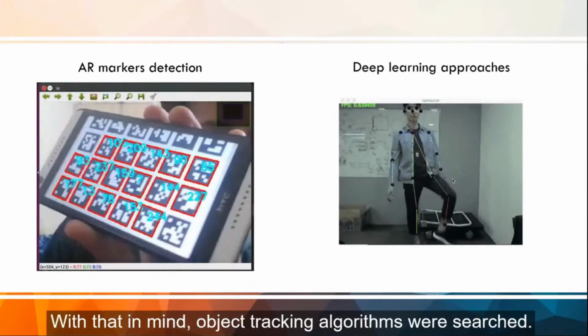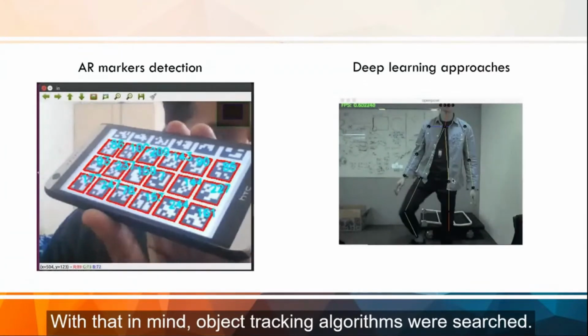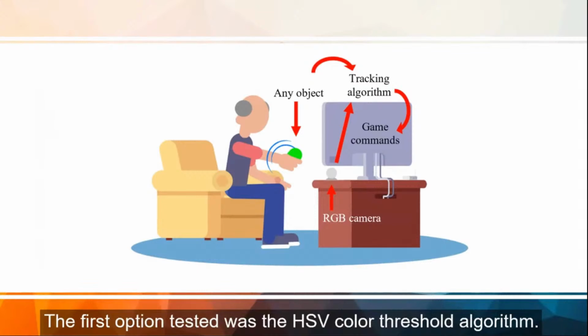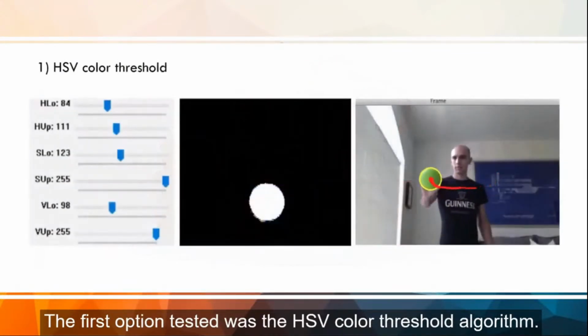With that in mind, object tracking algorithms were searched. The objective is that any holdable or wearable object in the user's home makes them capable of interacting with the XR game. The first option tested was the HSV color threshold algorithm.